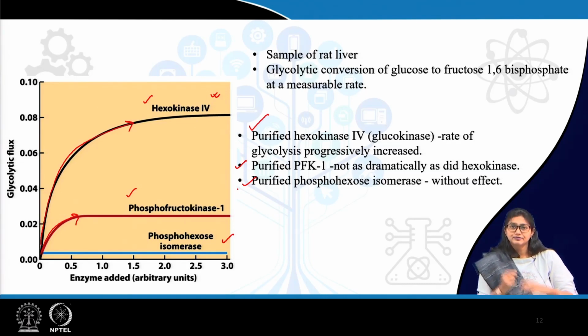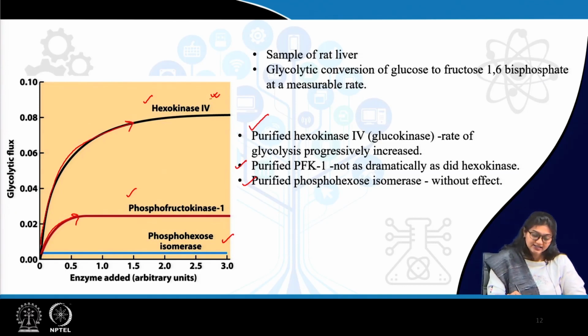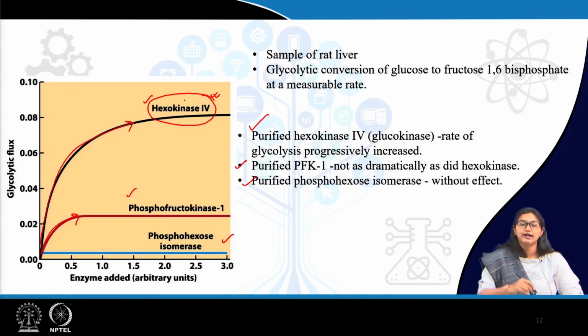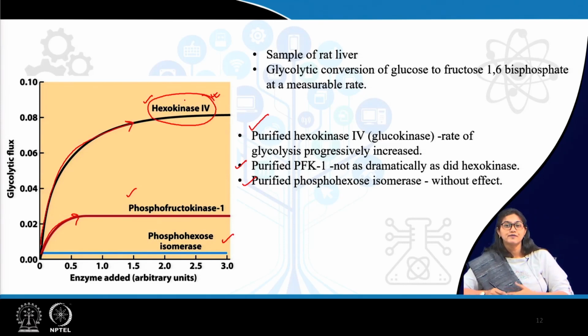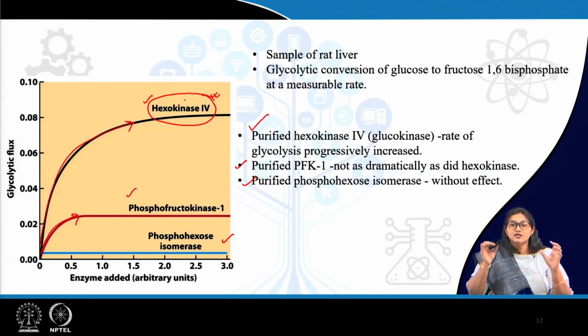But remember, flux, as you can see, is increased by hexokinase, because more glucose comes, more glucose is converted to glucose 6 phosphate via hexokinase, whereas phosphofructokinase is basically trying to maintain the homeostasis by regulation. How?